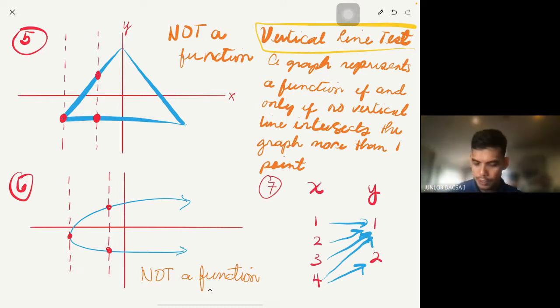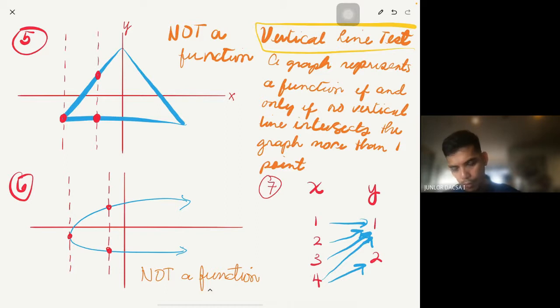So, as you can see, we have mapping diagram. So, if we inspect, yung 1, 2, 3 nag-corresponds lang sa isang element sa y. Okay? So, we have 1, 1, 2, 1, 3, 1. Pero pagdating natin sa element 4, pinair yung element 4 doon sa 1 and 2.